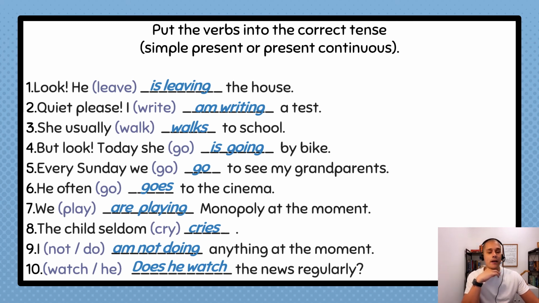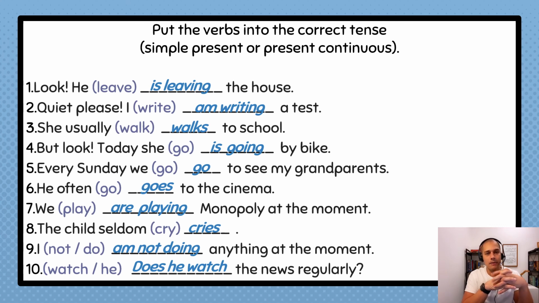Notice that when I have a question, I don't change the verb because the auxiliary is going to change. Does, not do. The same for negatives. He doesn't watch the news regularly. So if does has already changed, I don't need to add s, es, or ies in the main verb.